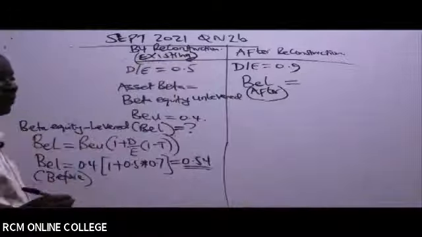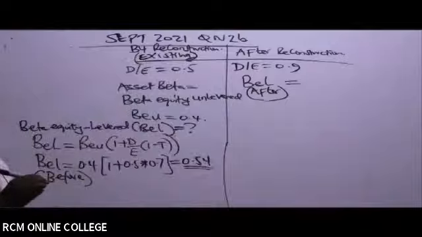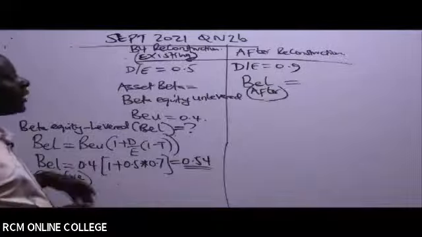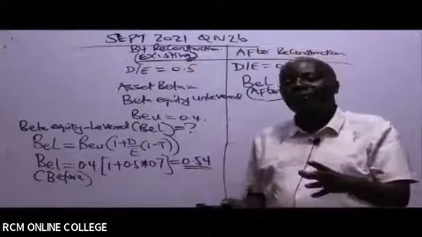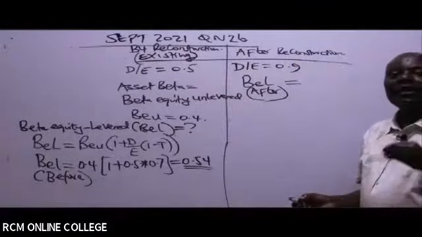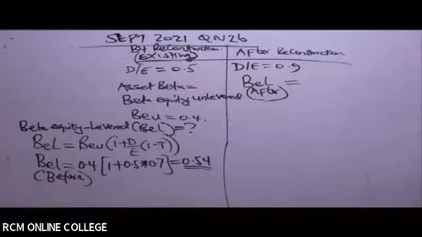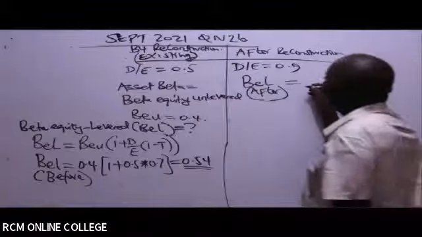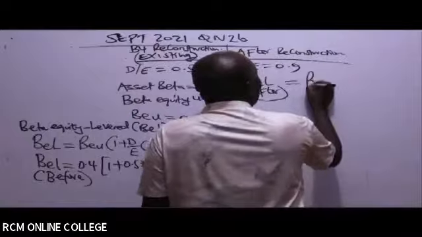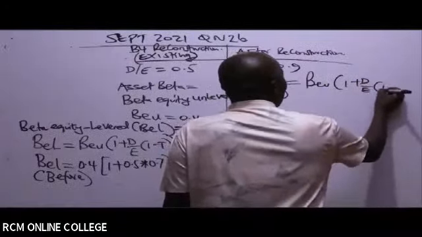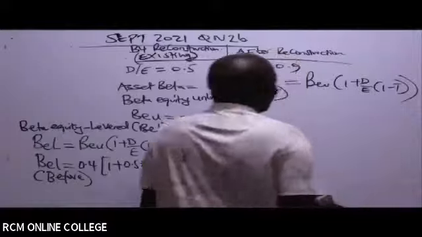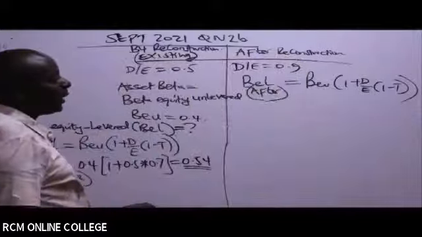Now after reconstruction, we use Hamada's model, the same model. You cram this model for just a few months, use it to pass your exams, and then you forget about it immediately. To get BEL after, the formula still remains the same: BEU times 1 plus debt over equity times 1 minus tax.